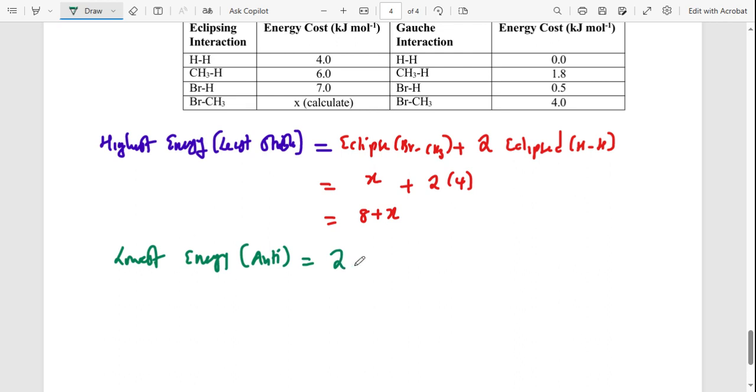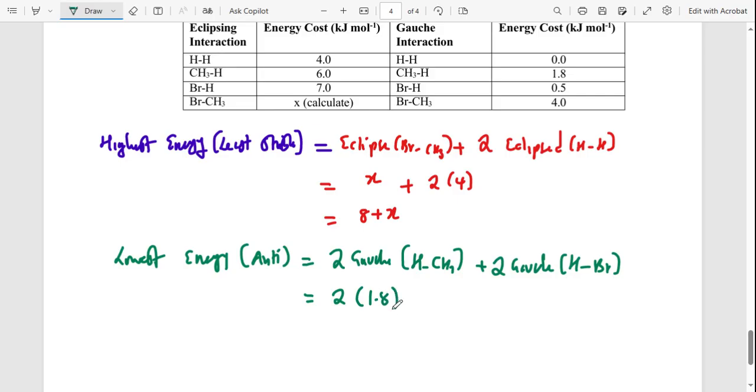So we're going to say 2 gauche, that is hydrogen and CH3, plus 2 gauche between hydrogen and Br. The hydrogen and CH3 gauche energy is 1.8. And then the energy between hydrogen and Br gauche is 0.5.